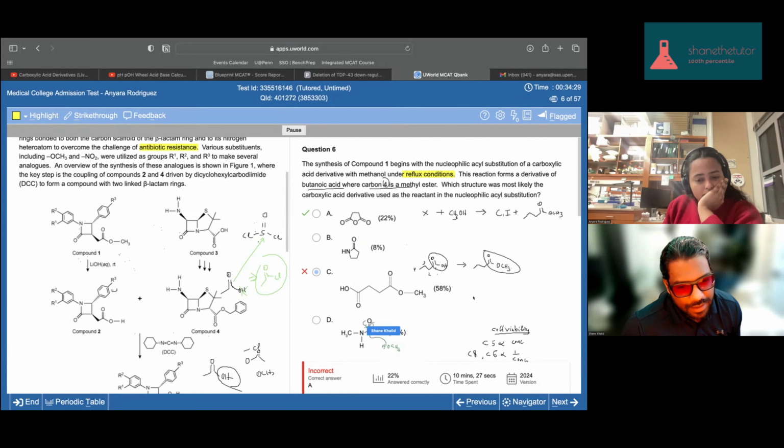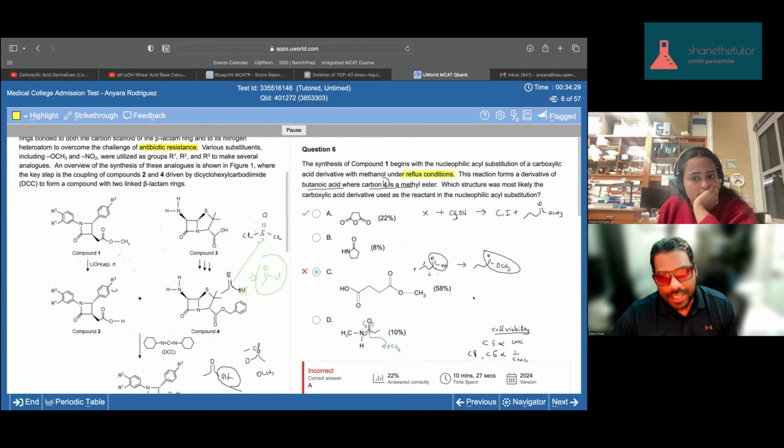This comes back and then this breaks off. But we want something that will do something like that, but essentially what we're looking at is this is our leaving group.